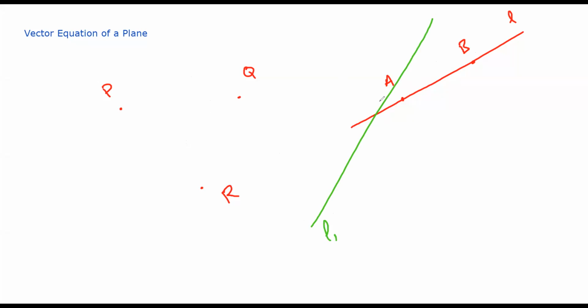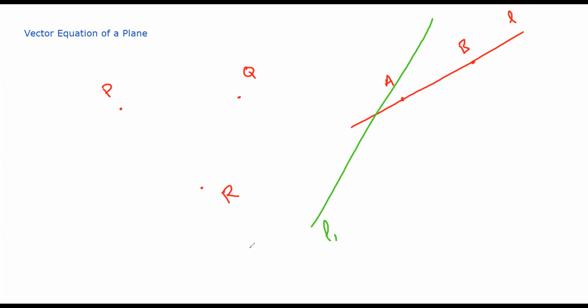Now these two intersecting lines are contained by this plane over here. Can there be any other plane which contains both of these two lines, L and L1?